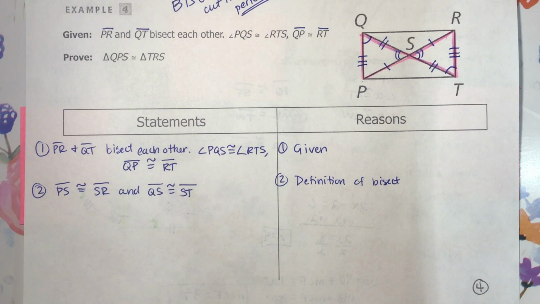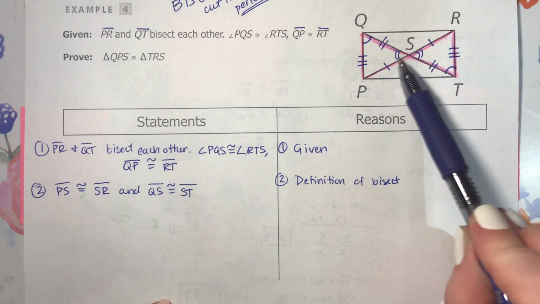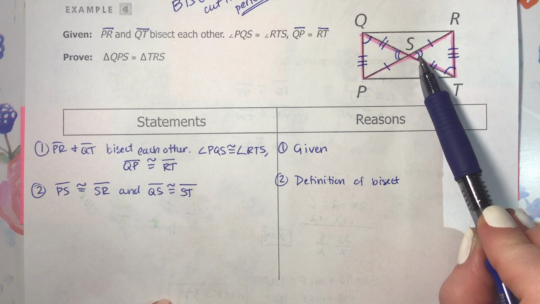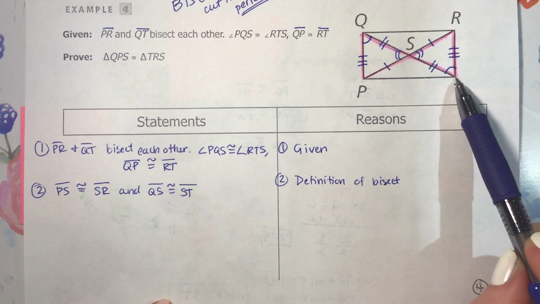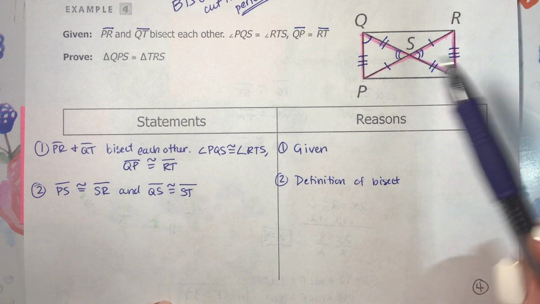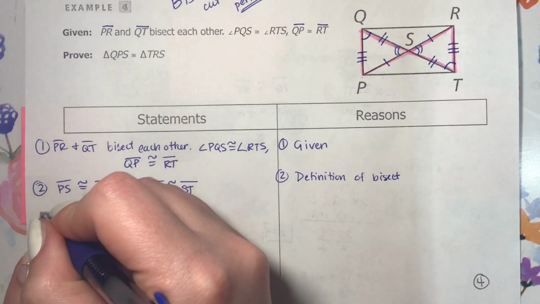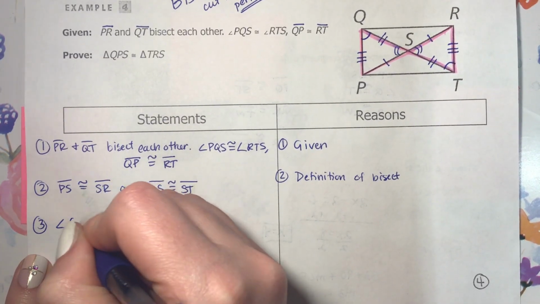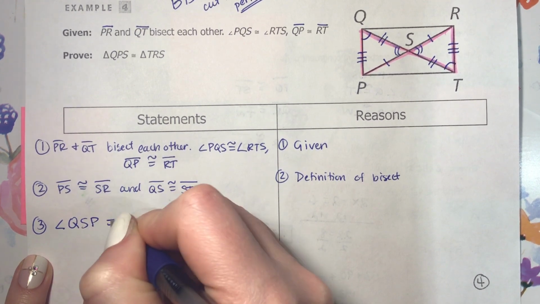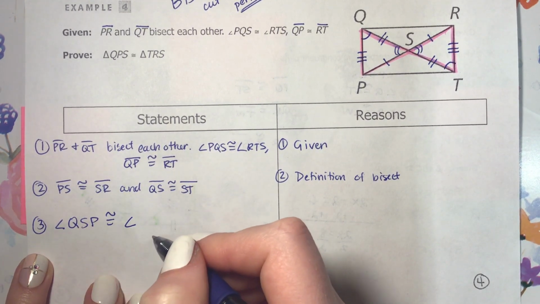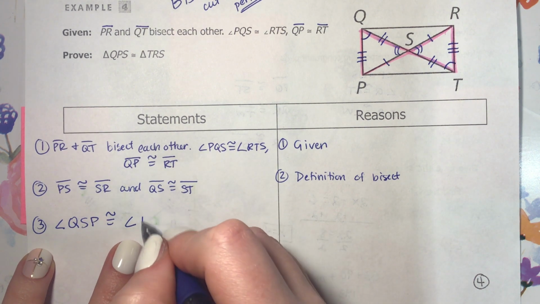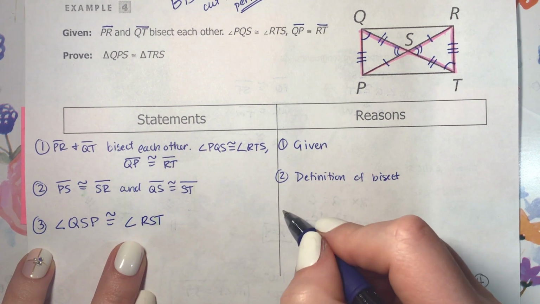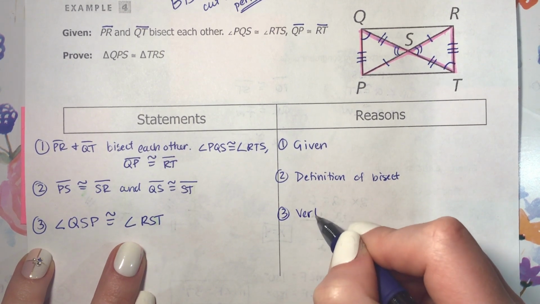But notice how right here in the middle, I have vertical angles. So that means QSP and RTS are congruent. So I am going to say angle QSP is congruent to angle RST. Why are they congruent? They are vertical angles.